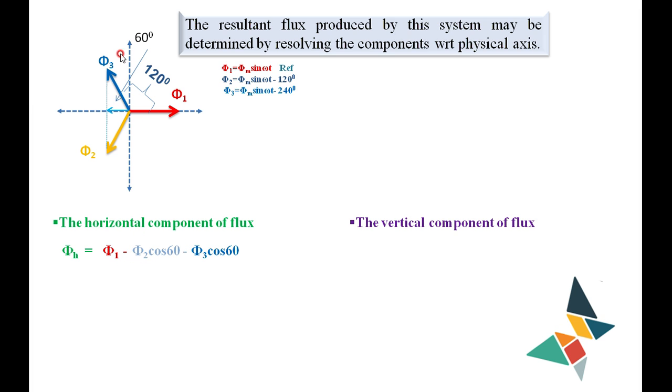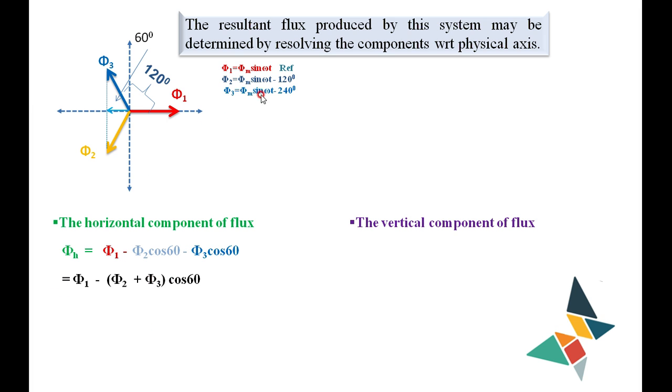Similarly, the x component of phi3 is also acting here, exactly opposite to the plus x-axis, otherwise along the minus x-axis. Therefore, I am writing here minus phi3 cos 60. Therefore, taking phi1, cos 60 as a common factor, we have phi2 plus phi3.